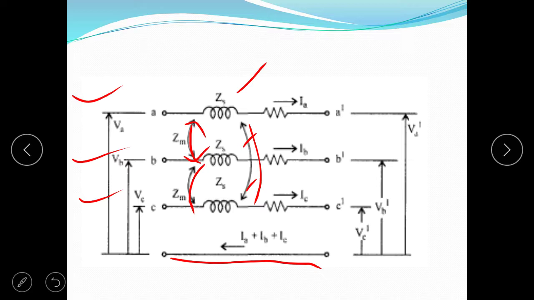At the sending end the voltages are VA, VB, VC, and at the receiving end the voltages are VA dash, VB dash and VC dash. So we consider a potential difference across the impedance of the transmission line.